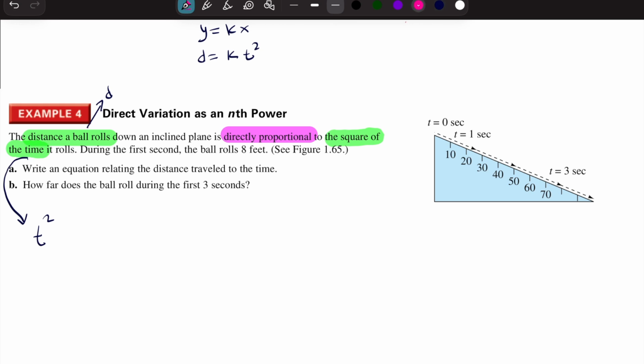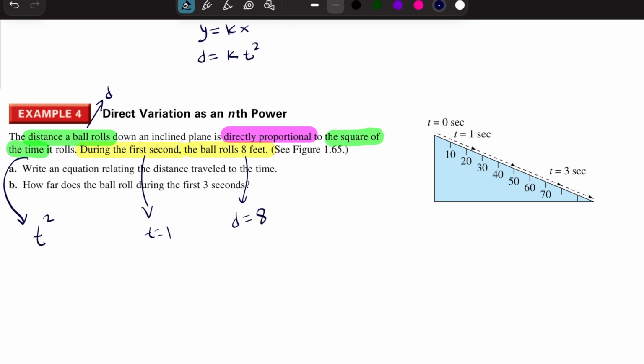And now we're going to use our model to solve for k using the given information here. So let's see, what do they tell us? During the first second, the ball rolls 8 feet. All right. So that means during the first second, t would be 1, the ball rolls 8 feet. So the distance is 8.